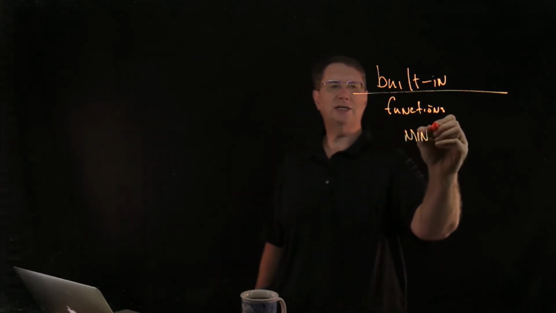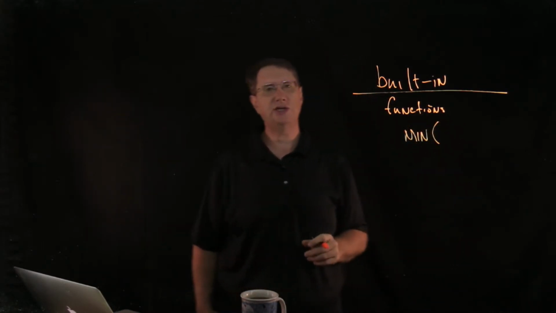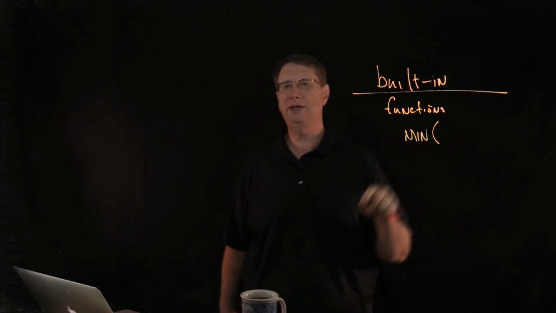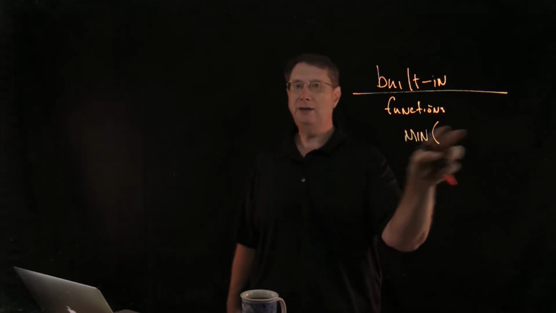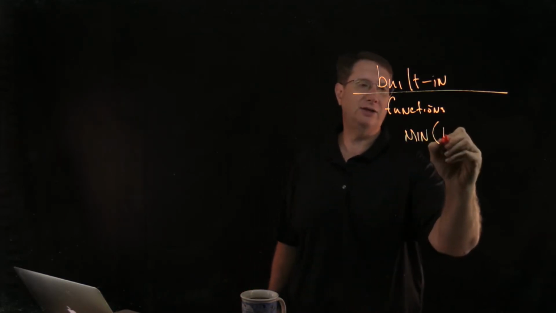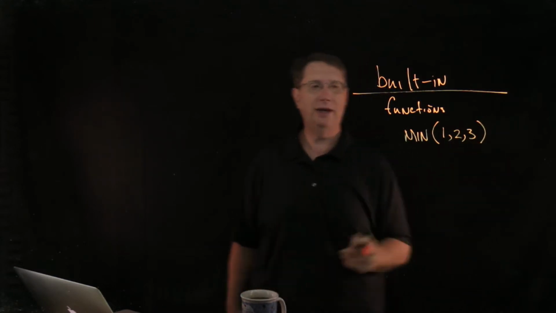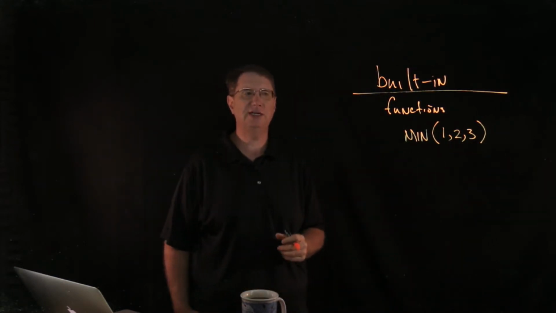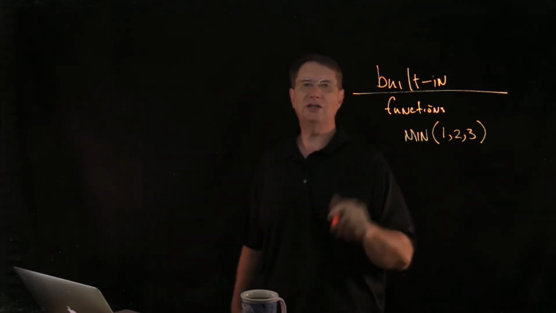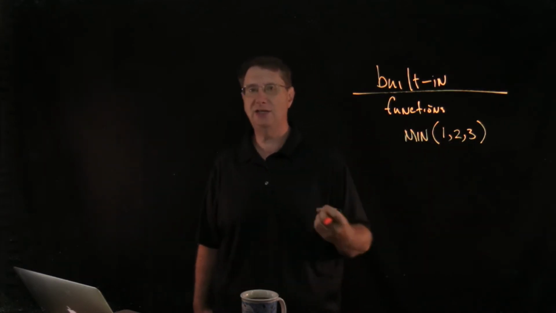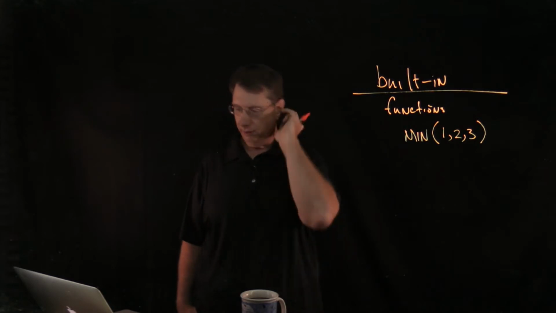Inside of parentheses I can cite the operand that I want to do the operation against. So if I said 1, 2, 3, and then close the parentheses, what this function does is identify the numeric integer that has the minimum value.